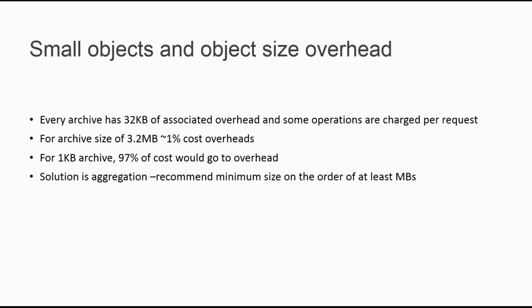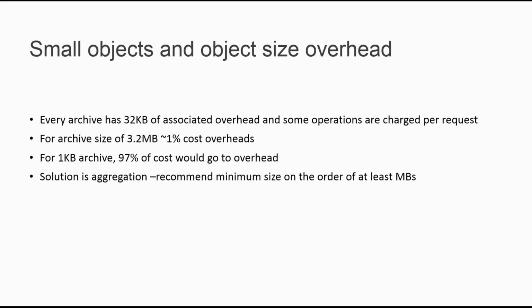With every archive, you have 32 KB of associated overhead. Let's take an example which I have put here on the slide for you. If you are trying to put something of 3.2 MB, that means you are spending 1% of the cost on overhead, right?